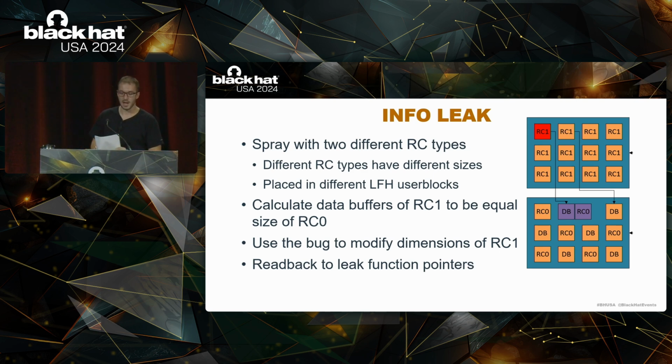Then by performing a readback operation, I would be able to leak back to the guest operating system the contents of the resource container that is placed after the data buffer, as you can see in the figure.